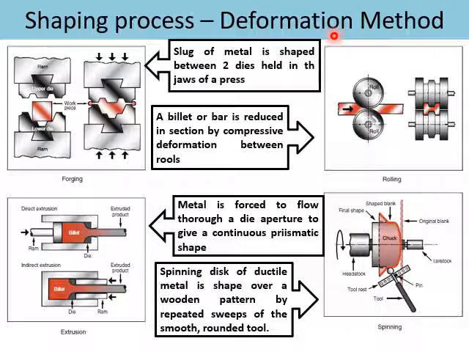For extrusion, the material is pushed out similar to toothpaste. And in spinning, the metal is shaped using a tool while spinning on a pattern mold, such as making a disc plate.